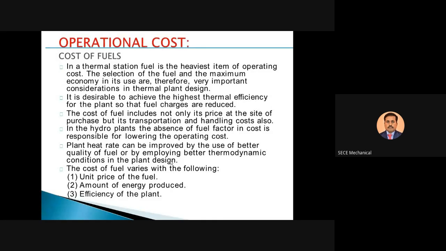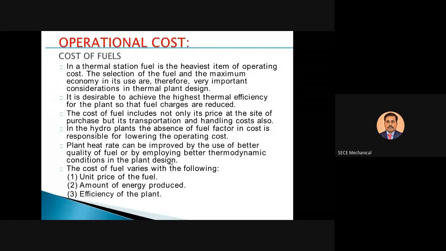That will affect the entire power plant operation. So while designing a power plant, you have to consider various factors like unit price of fuel, amount of energy produced, and efficiency of the plant.